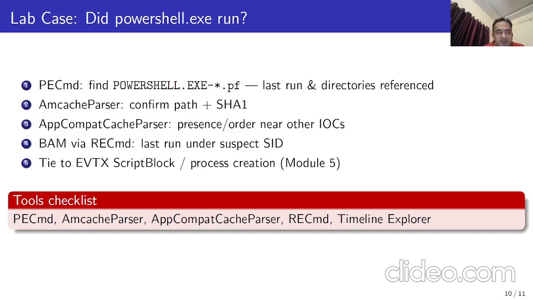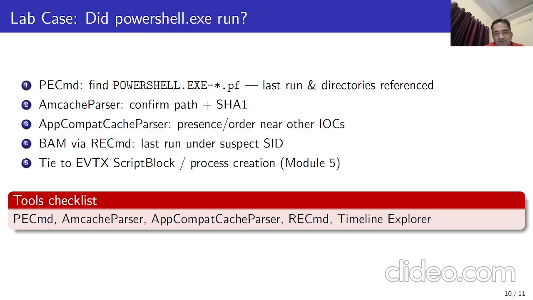Here you can see the experiment we performed and the theory topic we discussed. They are different tools. With PECmd, which we executed, we get a lot of information about the files opened and the directory locations. There are other tools also, like AmcacheParser, which can confirm the path and provide SHA1 information.